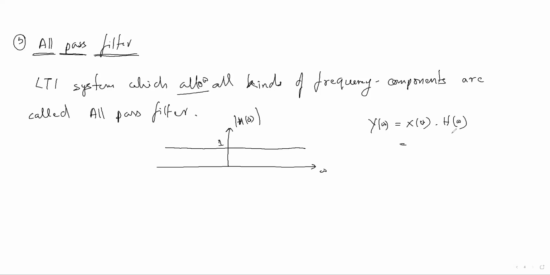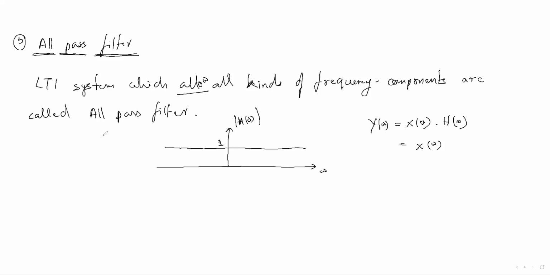If the amplitude of H of omega is 1, Y of omega is nothing but X of omega only. So all the frequency components present in X of omega come out at the output of the LTI system.